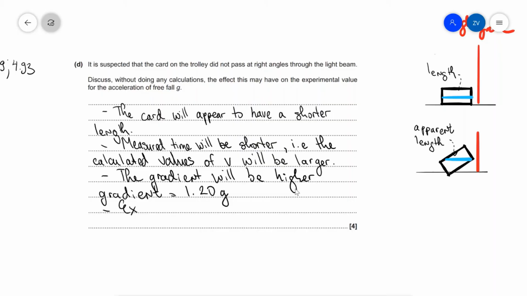So we can write this in: the experimental value for g will increase. Okay, let's have a look at question 5.